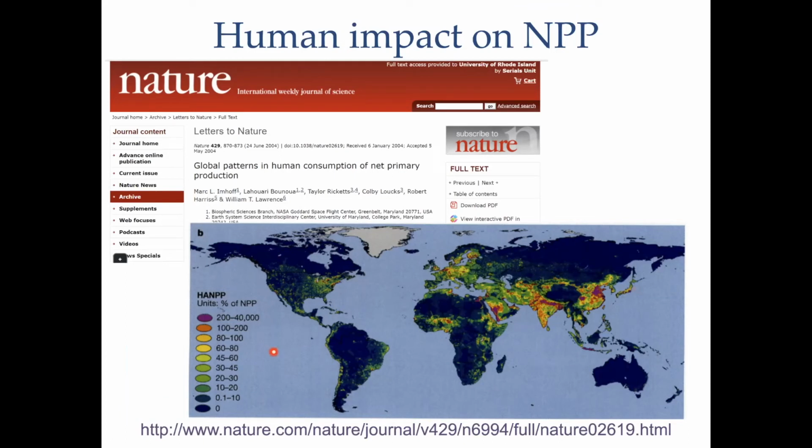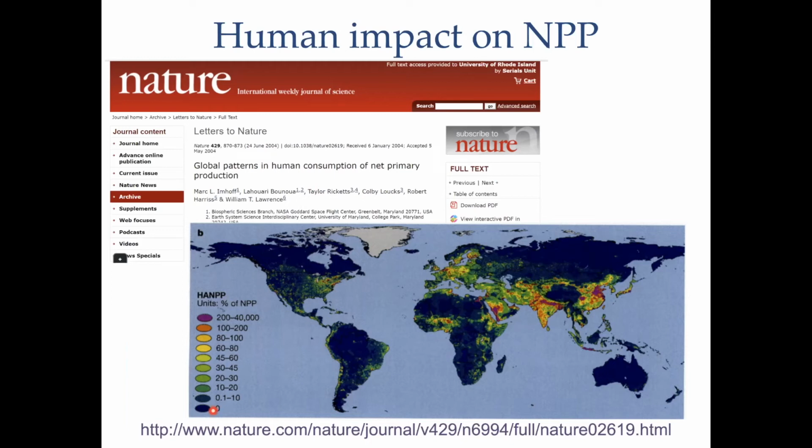In this map here, that is from this paper, even though it is from 2004, I checked the most recent one and it didn't change much. It actually just stayed a little bit worse. This map is representing how much of the net primary productivity from that specific place, so if we are here in the Northeast, how much of the net primary productivity produced in this area humans are using.